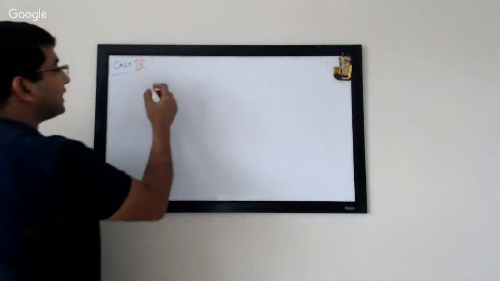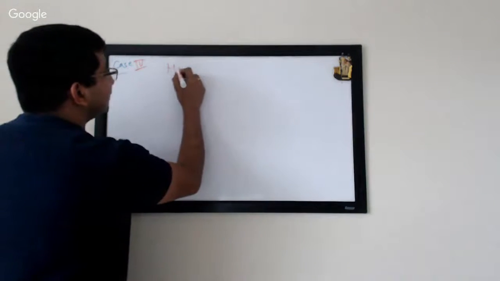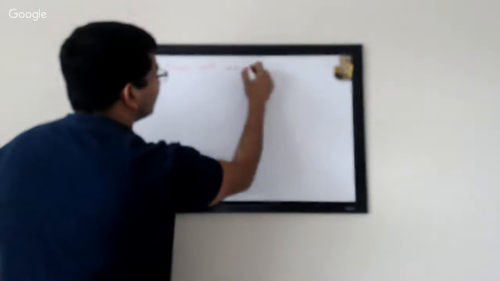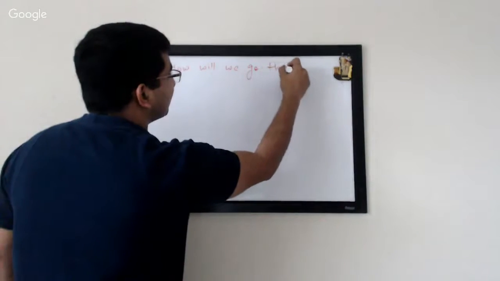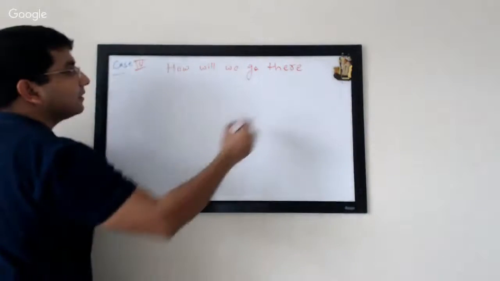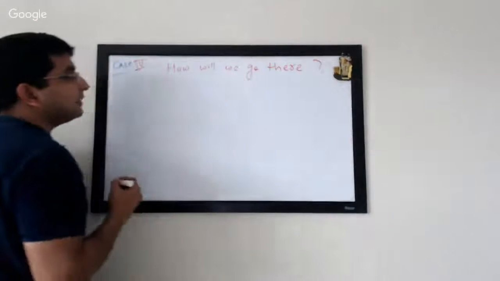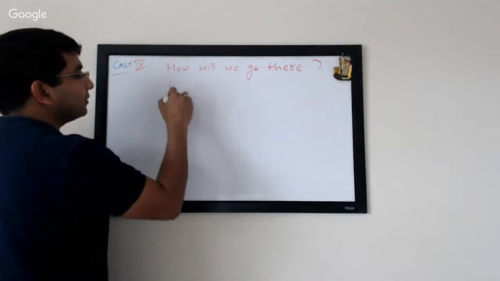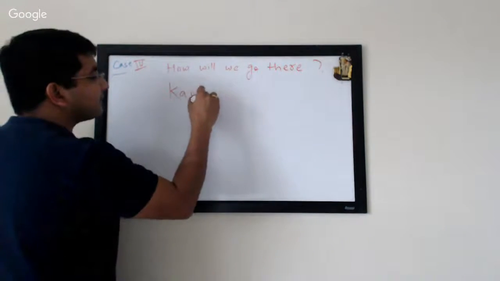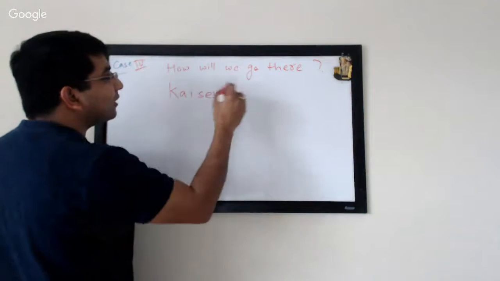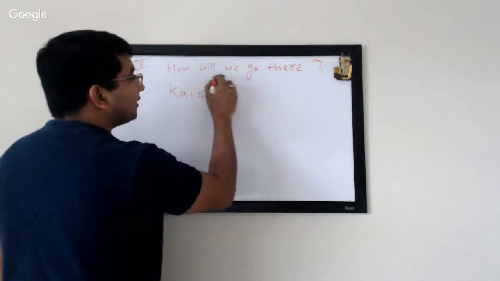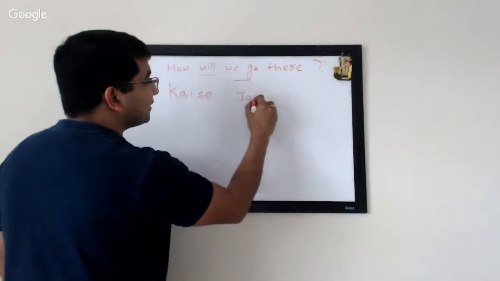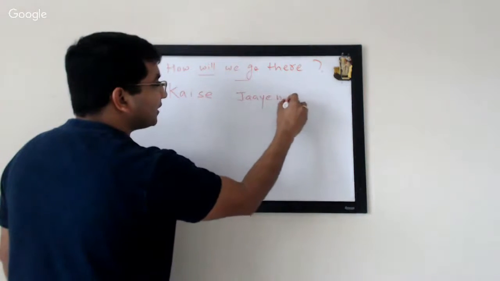So case 4 is how will we go there? Right? So the Hindi version would be kaise. This is kind of mode of transportation, right? So how is kaise? And jana is to go, but because you're using future indefinite, it will be kaise jayenge.